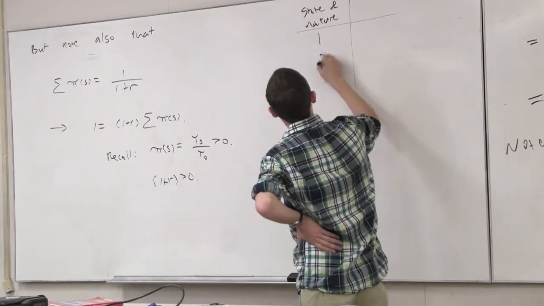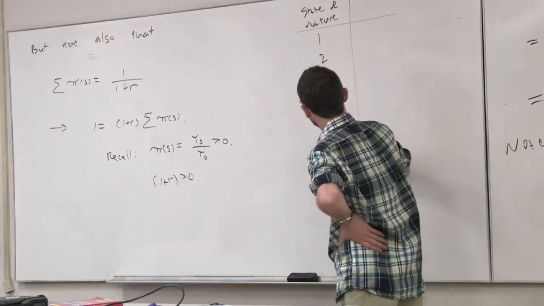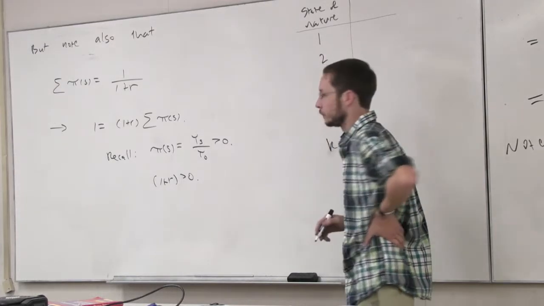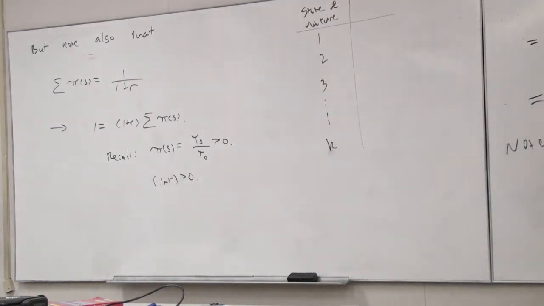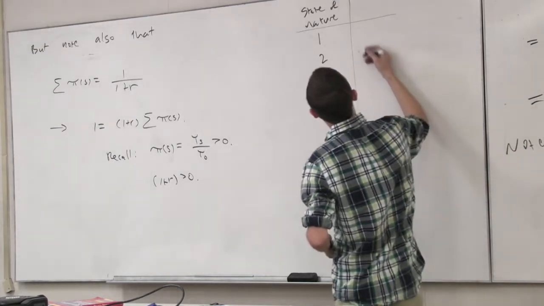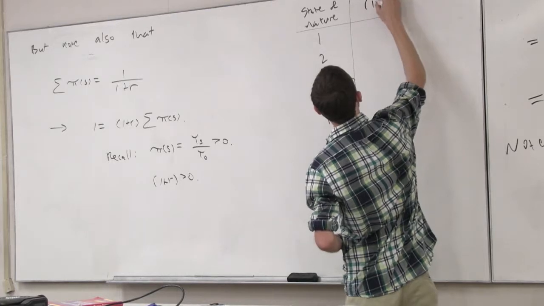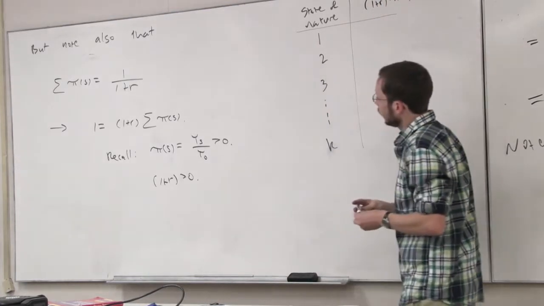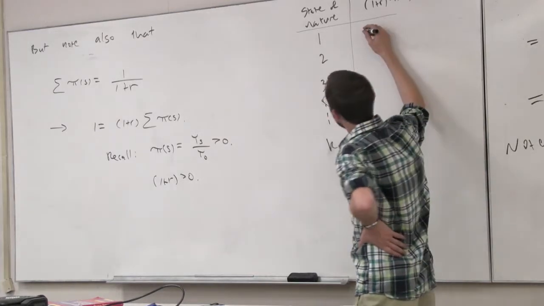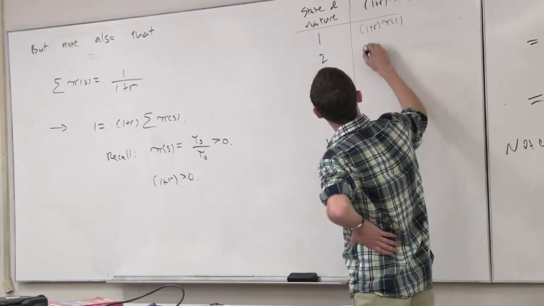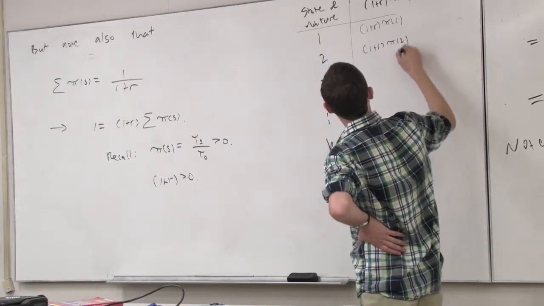We have state of nature 1, state of nature 2, state of nature 3, all the way up to state of nature, we'll say, K. And we have these terms here: 1 plus r times pi of 1, 1 plus r times pi of 2.